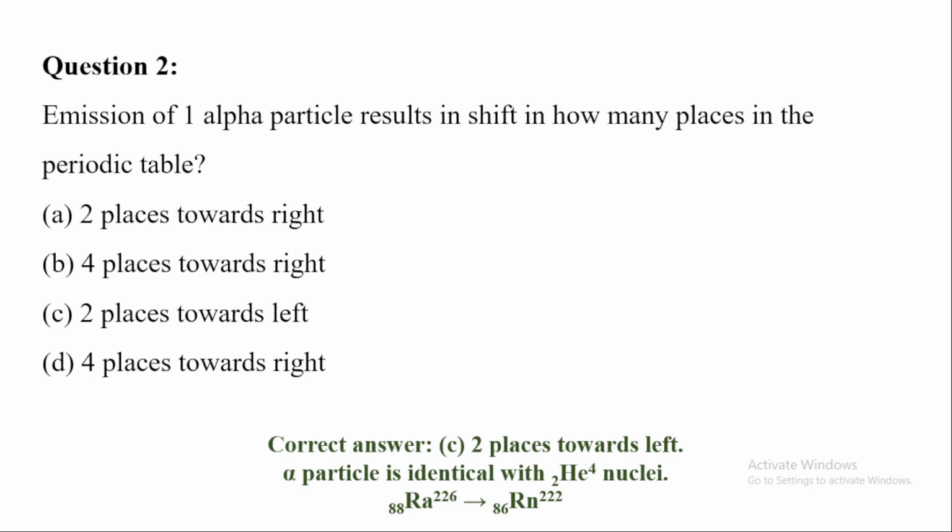So one alpha particle emitted reduces the atomic number by 2 places and the atomic mass number by 4. If 2 particles were emitted, it would have shifted 4 places towards the left. So like that we have to calculate. Basically an alpha particle is equivalent to a helium nuclei. That is one thing you have to remember.